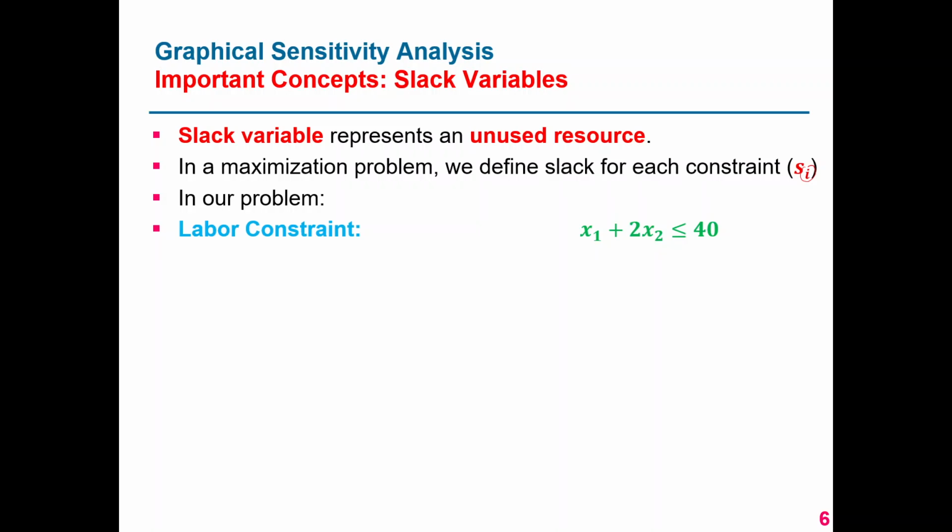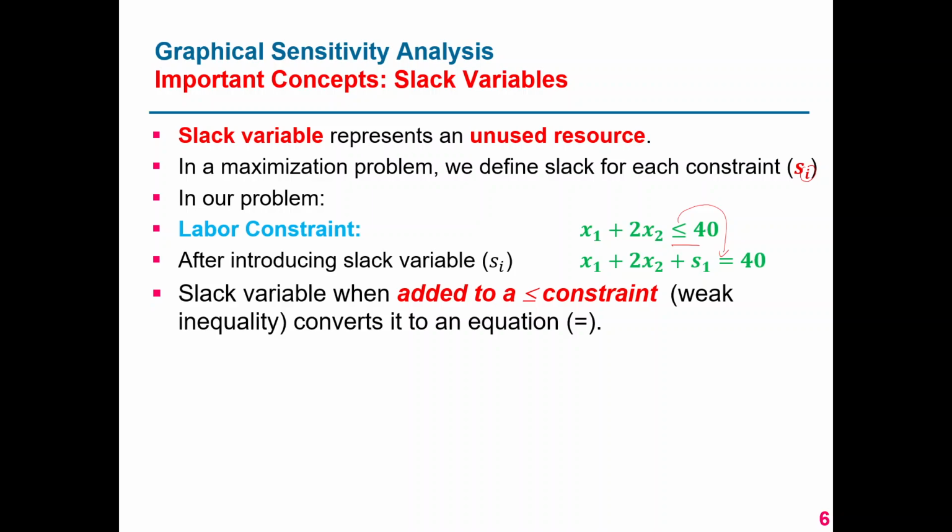We will change our labor constraint x1 plus 2x2 less than or equal to 40, and we will introduce a slack variable here. When we introduce a slack variable, the inequality turns into an equality. So by the introduction of the slack variable, the weak inequality has now changed into an equality.